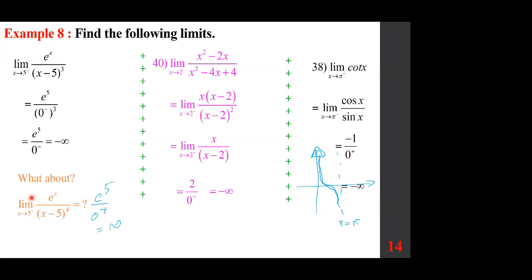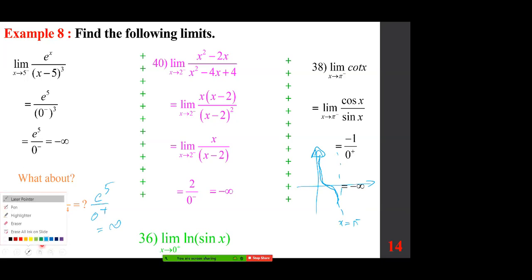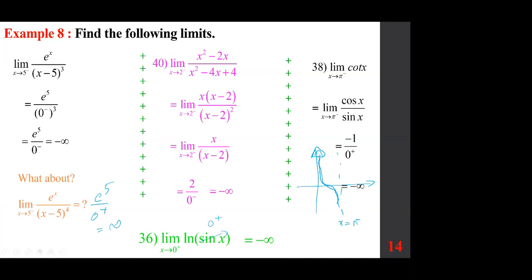And this one, again, x is approaching 0 from the right. I hope you realize that sine of 0 becomes 0, and then it's from the right, like 1 degree, for example. So, and that by the graph, I hope you remember the answer is negative infinity. It goes back to remembering the graph of natural log function.